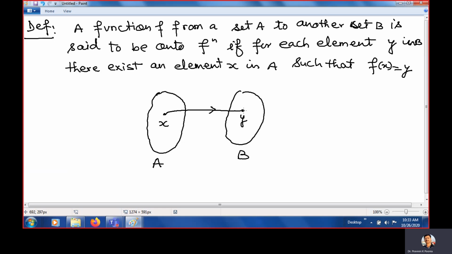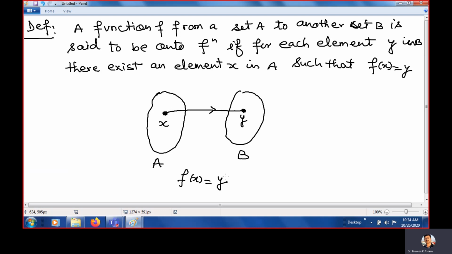We are taking one element y in B and searching in set A for one corresponding element x such that the image of x is equal to y.